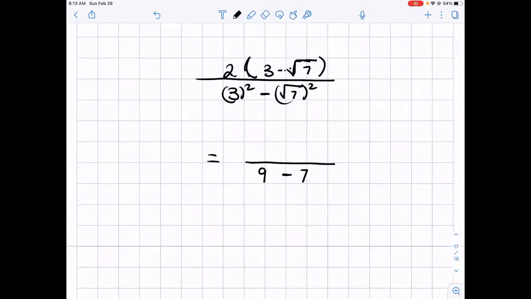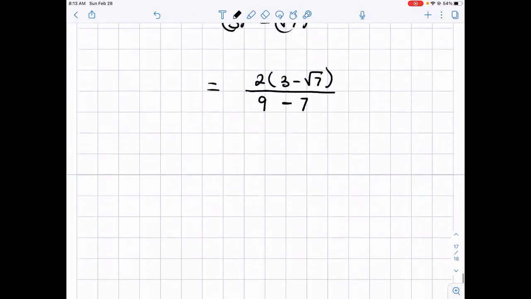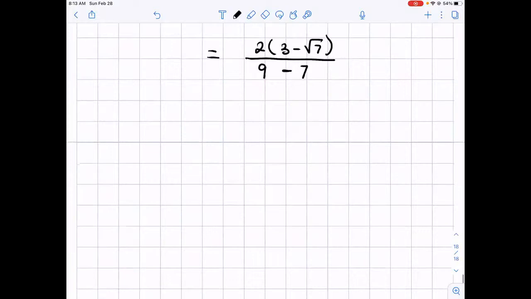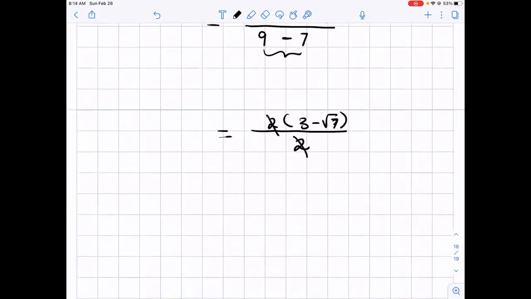In the numerator, you can distribute it, but generally I don't, because sometimes at the end we have simplification. So 9 minus 7 is 2, over 2 times 3 minus root 7. Notice that this 2 cancels with that 2. This is only in this example.